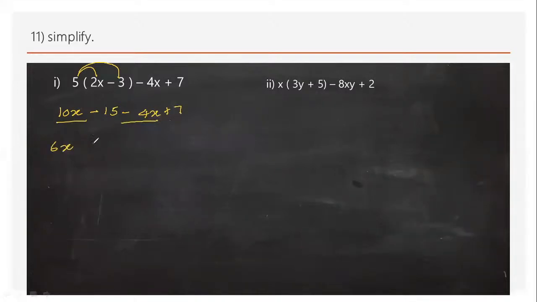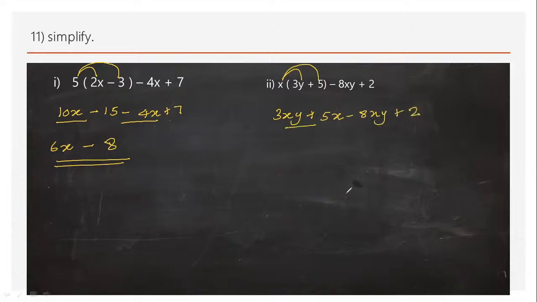Minus 15 and plus 7, minus 8. 6x minus 8 is the answer here. Next one, x into 3y, 3xy, plus x into 5, 5x, 8xy, plus 2. Add these two. It means subtract, right? 3xy minus 8xy minus 5xy plus 5x plus 2.